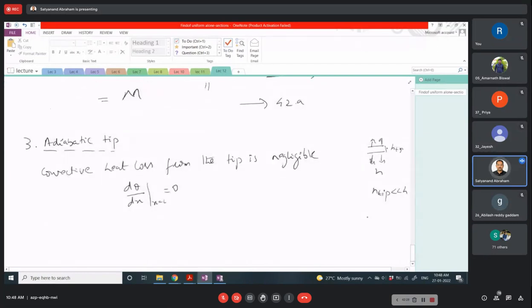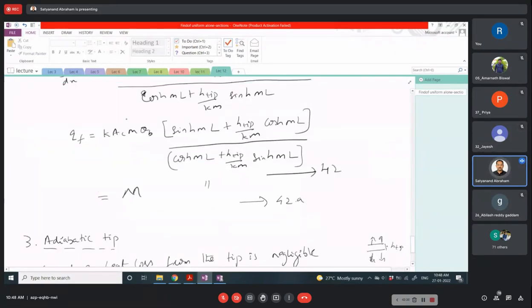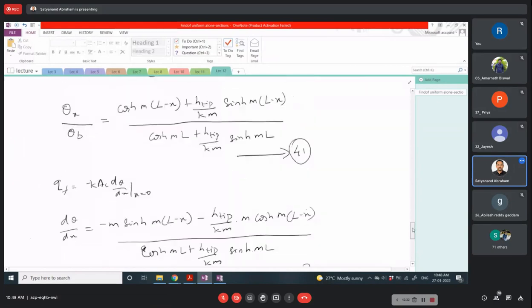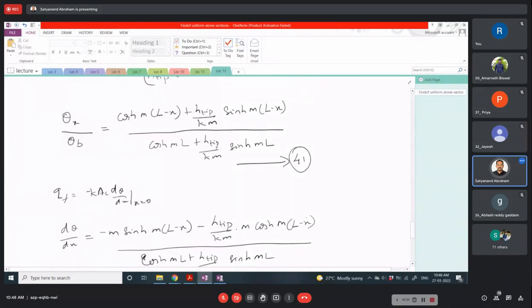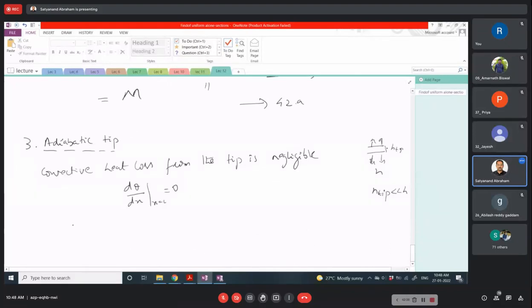But the easiest method is, since we have already calculated the temperature profile for the convective condition, we can say that h_tip is almost equal to 0. That is what we said over here, right?